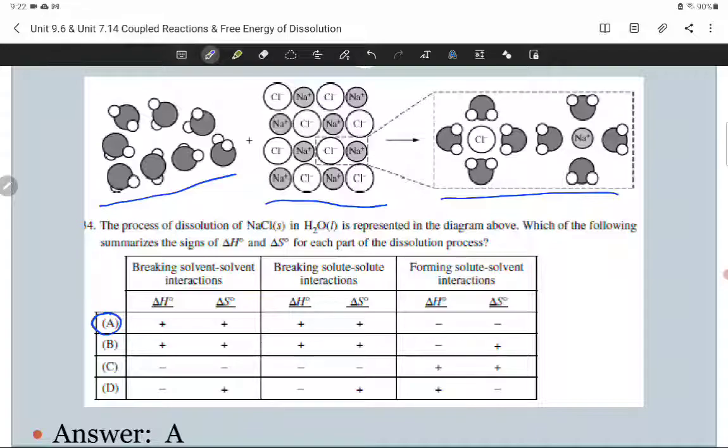Okay, so let's talk about these columns here, breaking and forming, and let's look at the delta H's. When you break bonds, energy has to be absorbed, so delta H has to be positive. We can get rid of C and D because of that.